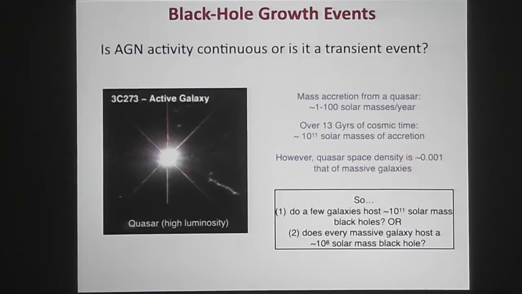The space density of these things is very, very small, so this probably doesn't happen. More likely, you would have this process being cyclical, happening over 10 to the 8 years, and then you would end up with a 10 to the 8 solar mass black hole over 13 gigayears. You have periods of activity, then it's dormant, then it grows again, etc. That's at least a basic model.